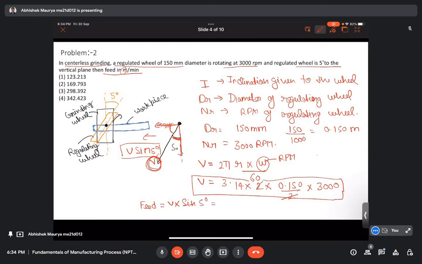So again we will get 3.14 multiplied by 0.150 multiplied by 3000 multiplied by sine of 5 degrees, and if we solve it, we get 123.213. So this is the feed speed in meters per minute. So the correct answer for this problem is the first one.